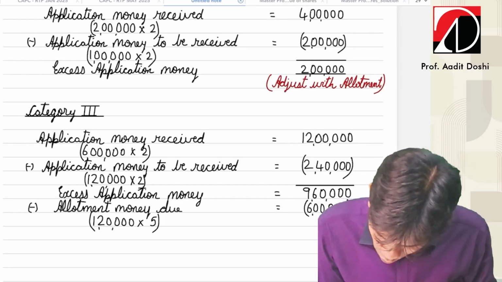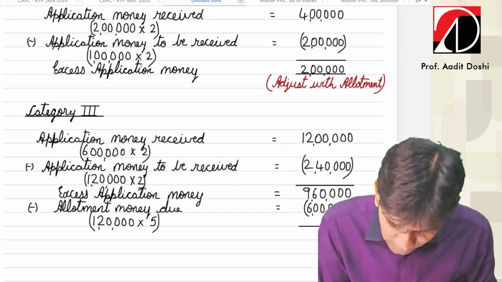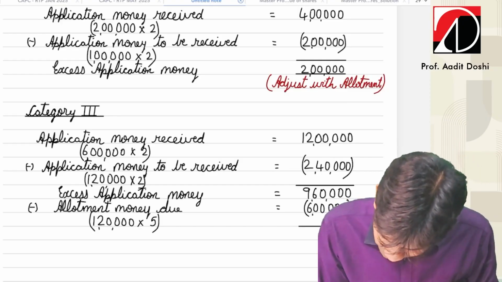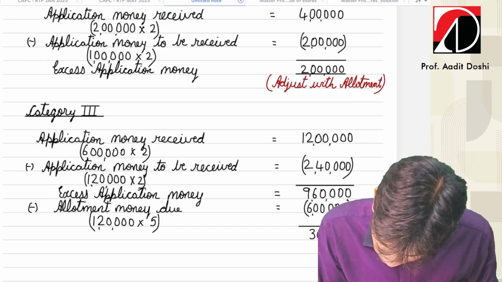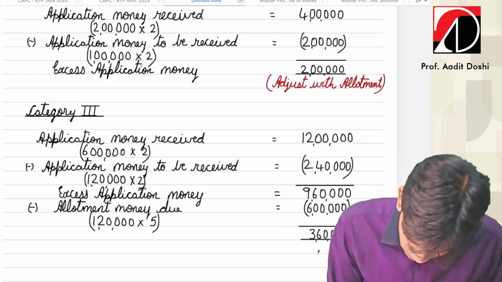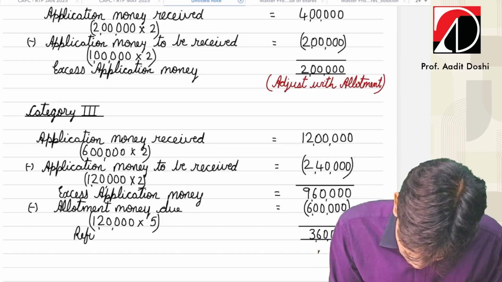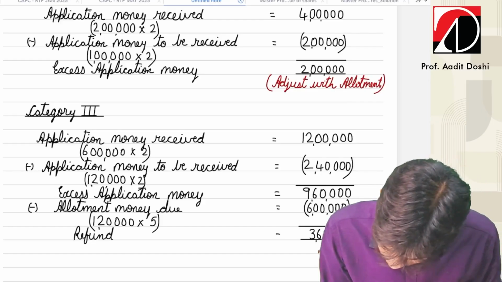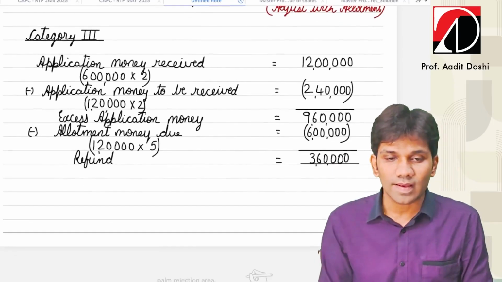So whatever was due on allotment was adjusted. Balance is 3,60,000. This was refunded by the company.